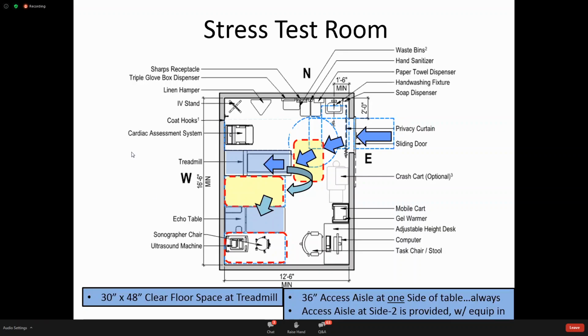And I accept this simply because of the nature of the stress test room, the nature of what they're doing. It's not that you couldn't possibly do this for somebody who's a wheelchair user, but it's got to be an awful, awful rare occurrence. So the actual need to get on and off of the echo table from both sides, I'm willing to bend a little and let that ultrasound machine live in that space. If we have to, we could roll it out of the way and roll it back again. So we're going to show OSHPD we have clearance on both sides of the echo table.